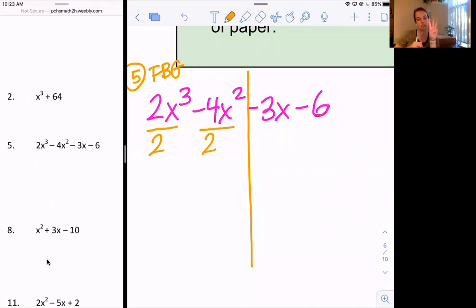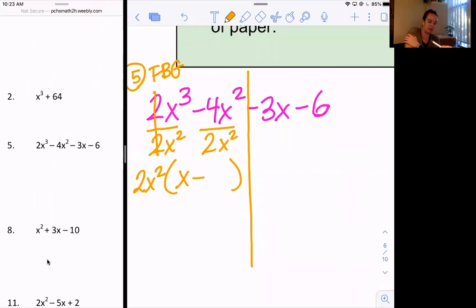And then I have 3 x's in one and I have 2 in the other. So there are 2 that are in common. So I could take out x squared. Yeah, 2x squared. Good job, guys. So I have 2x squared, and then left over is going to be 1x minus 2, like that. Cool.